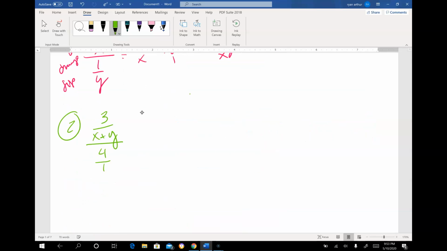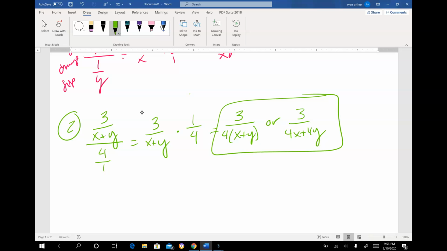Now it's expressed as a fraction. Then we do our keep, change, flip: keep the numerator, change to multiplication, flip the denominator. There's nothing you can factor, nothing you can cancel, so we just combine. We're going to have 3 over, you can leave it like this, or you can say 3 over 4x plus 4y. Either one will be an answer.